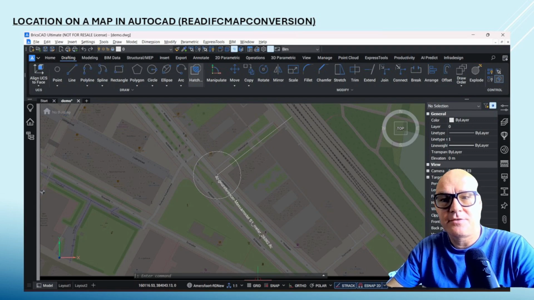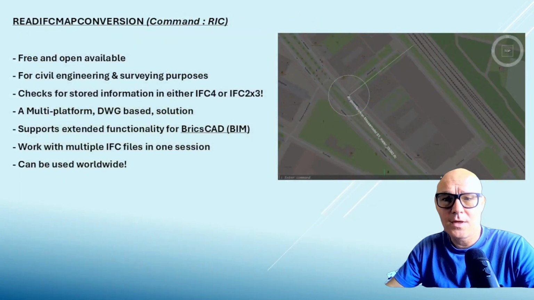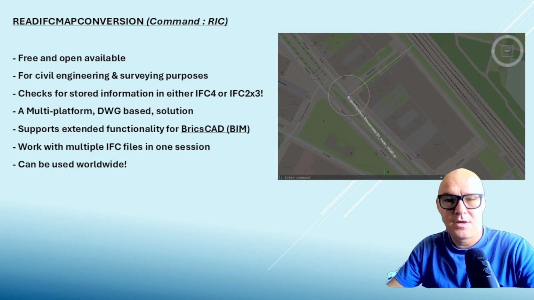Here you have a screenshot of the script I made, Read IFC Map Location. It's open and free, and it's for civil engineering and surveying purposes. You get the location point of your building.